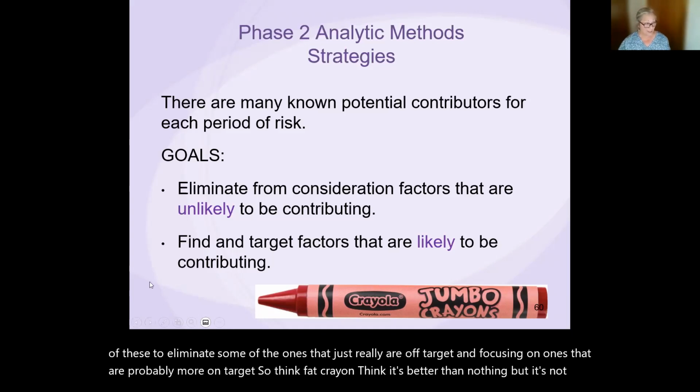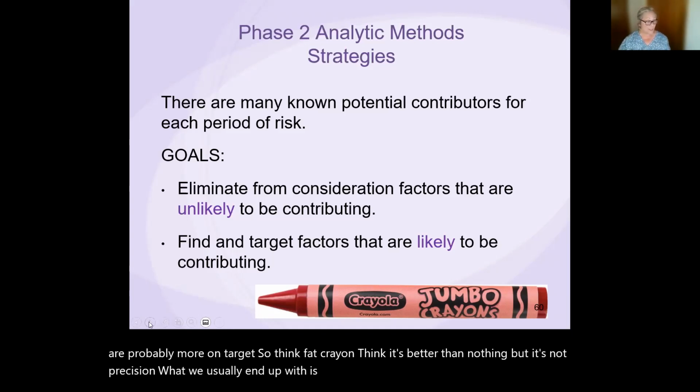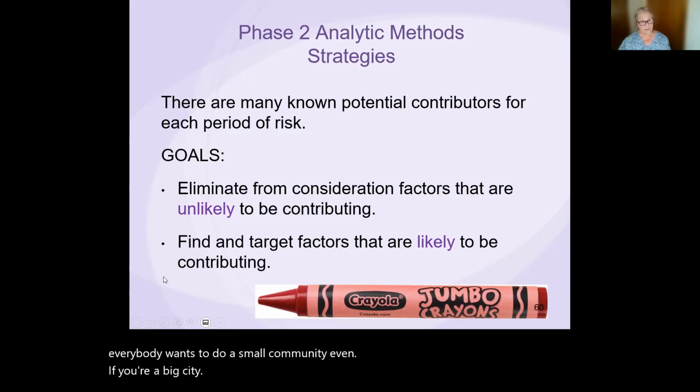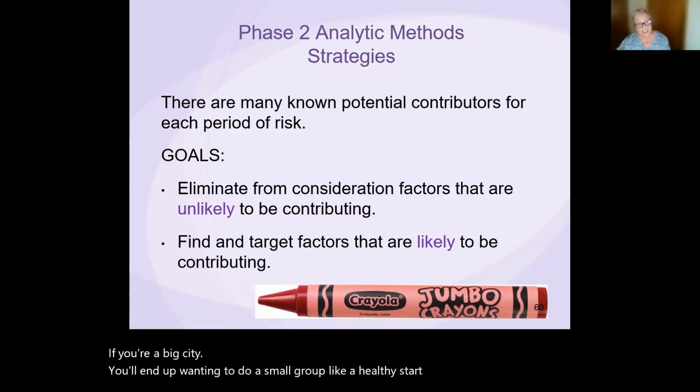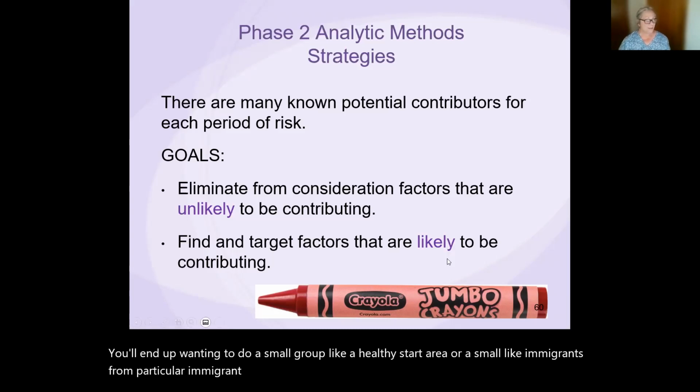What we usually end up with is not precision, especially in small communities. And everybody wants to do a small community. Even if you're a big city, you'll end up wanting to do a small group, like a Healthy Start area, or a small group like immigrants from a particular immigrant community. We want to go as small as we can get, because we need to figure out the problems in those areas.